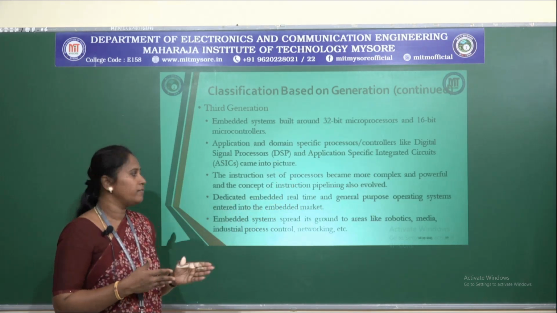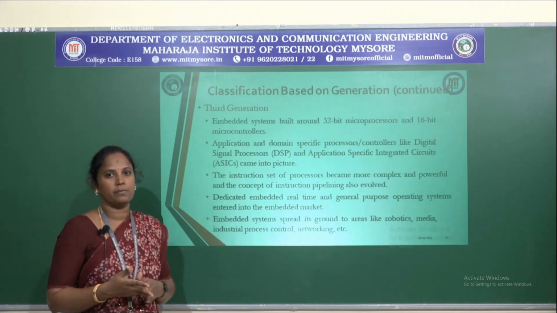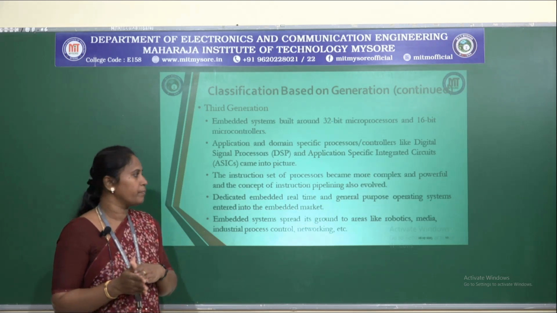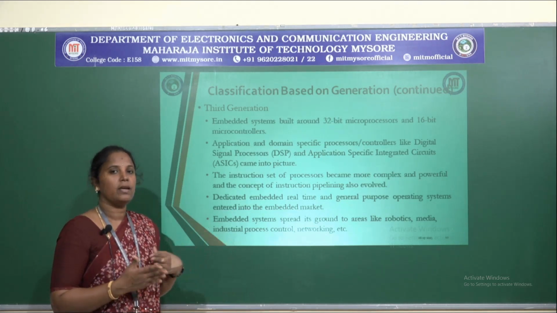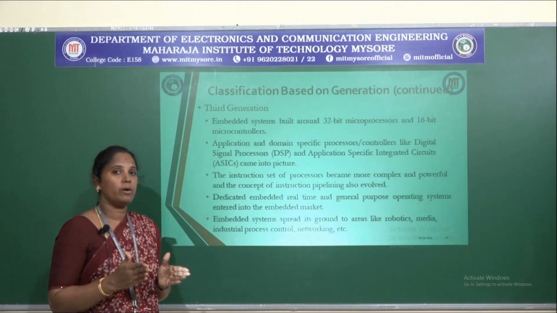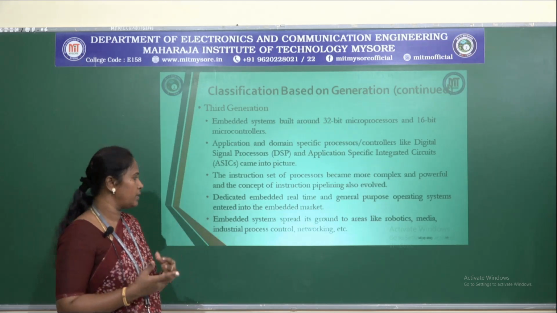And here we have dedicated real time and general purpose operating system. In the previous generation we just introduced operating system, but here in the third generation we have some deadlines to be met which have to be performed in real time, as well as a general purpose OS was developed.